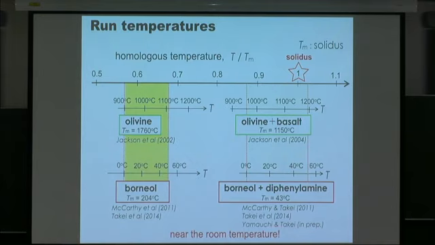And at the same run temperature, the binary system has higher homologous temperature than the pure system because the secondary component significantly decreases the solidus temperature.